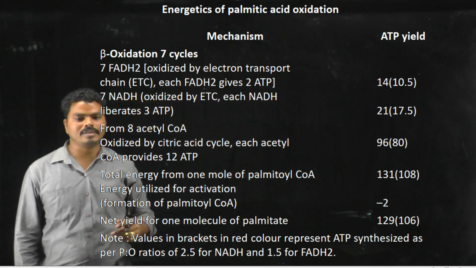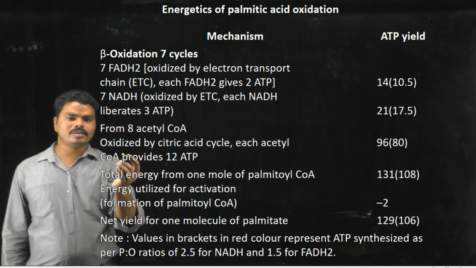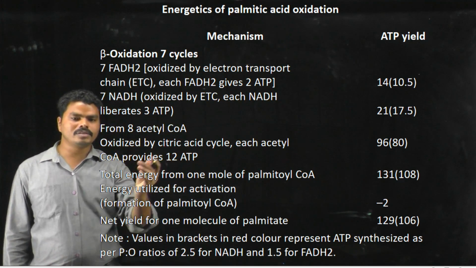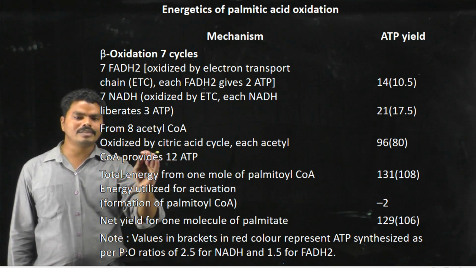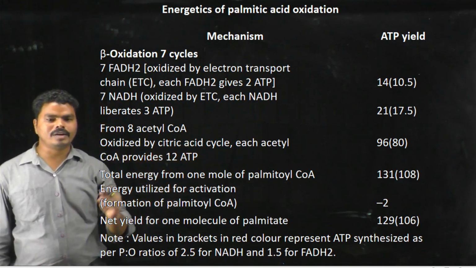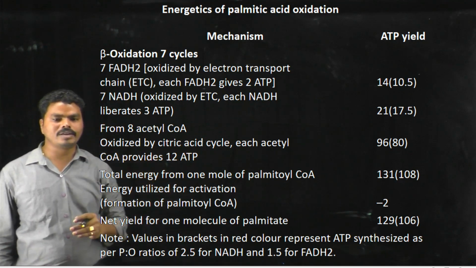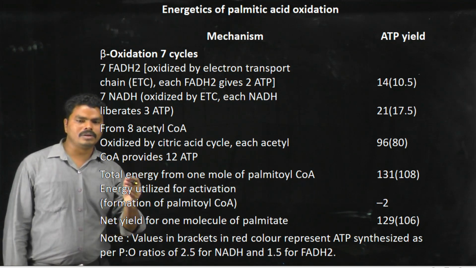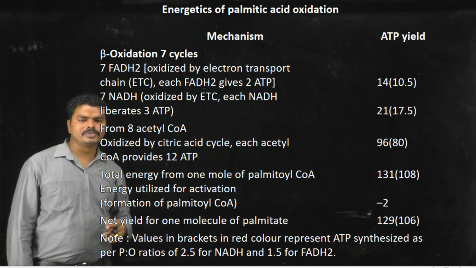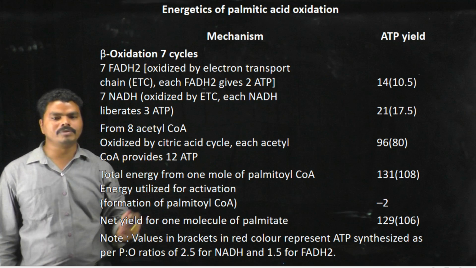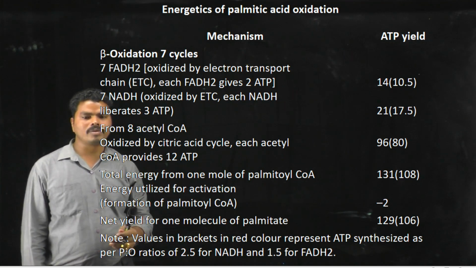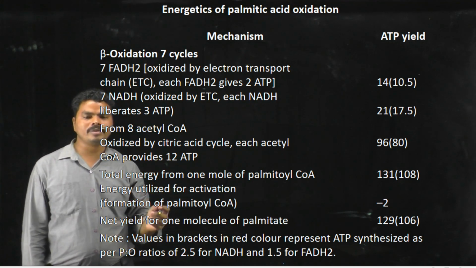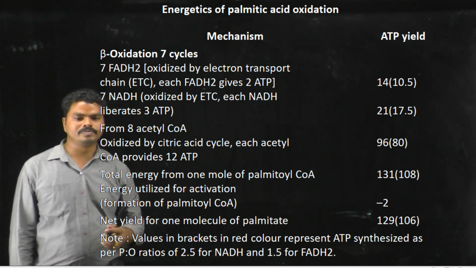After completion of the beta oxidation, 8 acetyl-CoAs are obtained, and when these are subjected to the citric acid cycle, each acetyl-CoA produces 12 ATPs while being converted into carbon dioxide and water.